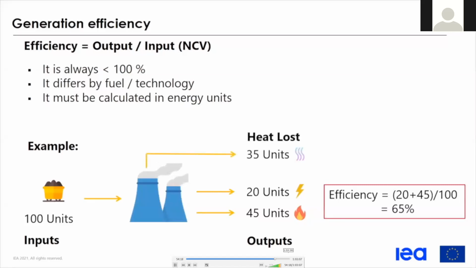The rest, the 35 units lost, are what we call the heat lost and are part of any transformation from one form of energy to another. So, just a reminder, use the same energy units everywhere. Hence the importance in energy balance, as you've seen in other presentations, of picking a correct energy unit.